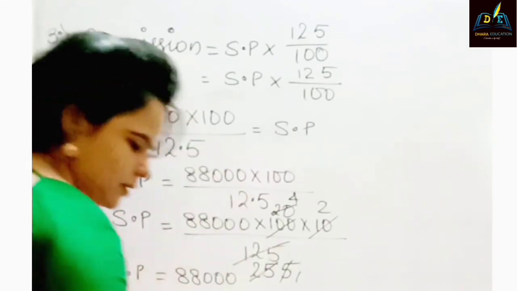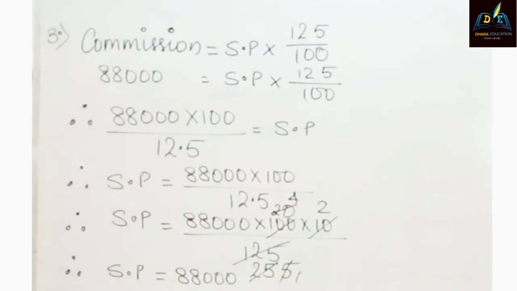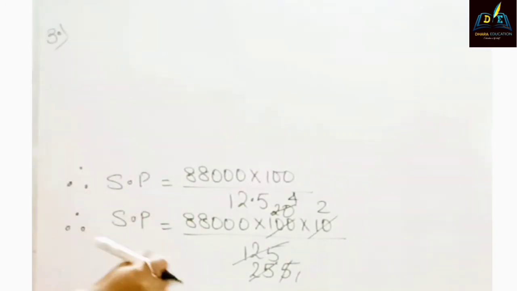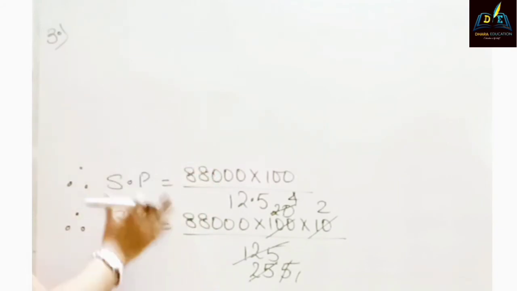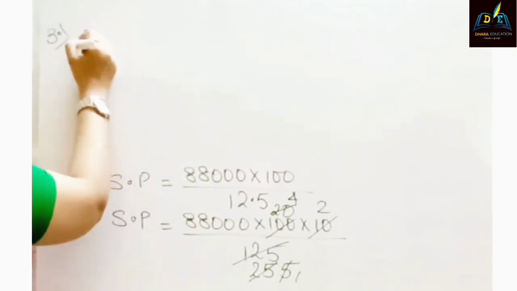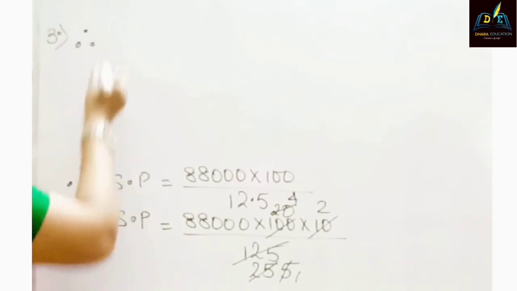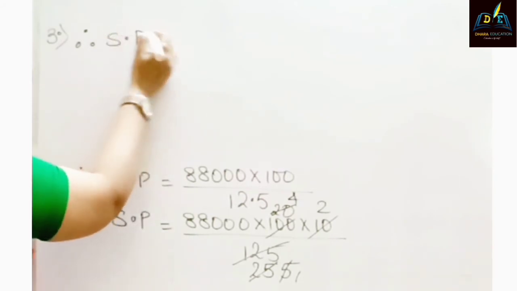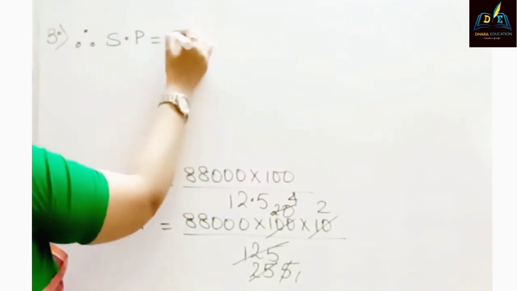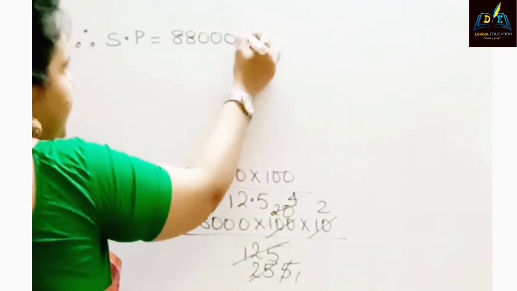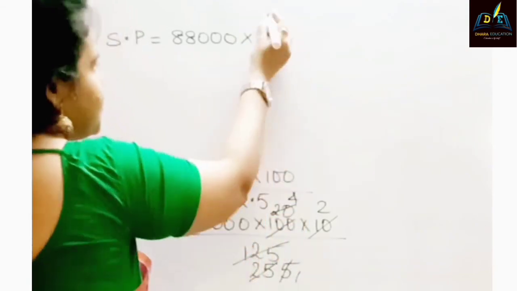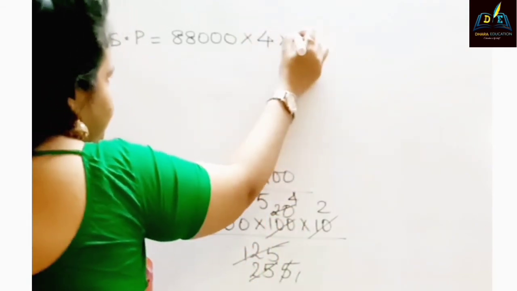I have kept these two steps for reference so I can show you how to continue. SP is equal to 88,000 multiplied by 4 multiplied by 2.